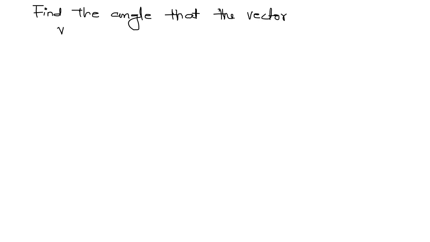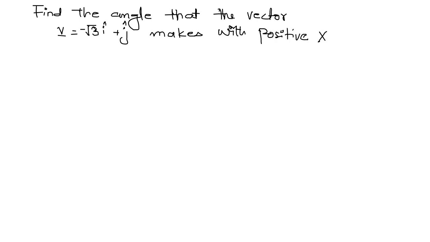Now the alternative: find the angle that the vector v equal to minus square root of 3 i plus j makes with the positive x-axis.